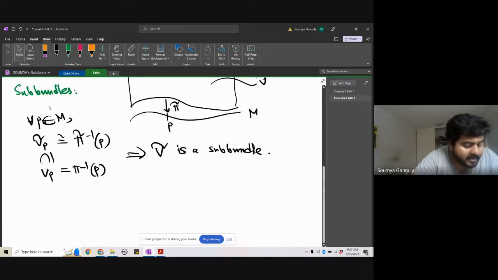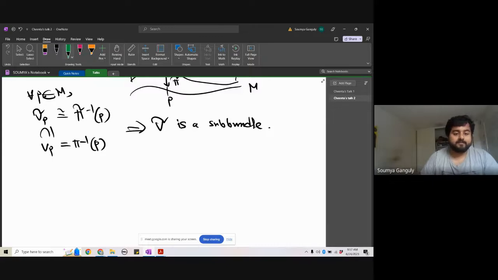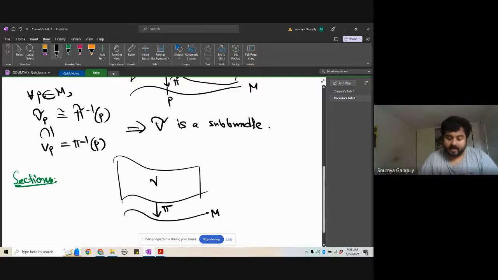Now, there is something called a section of a vector bundle. So, what is a section? Let's go back to the original picture. We have a vector bundle V over a manifold M, and you have a projection map pi.